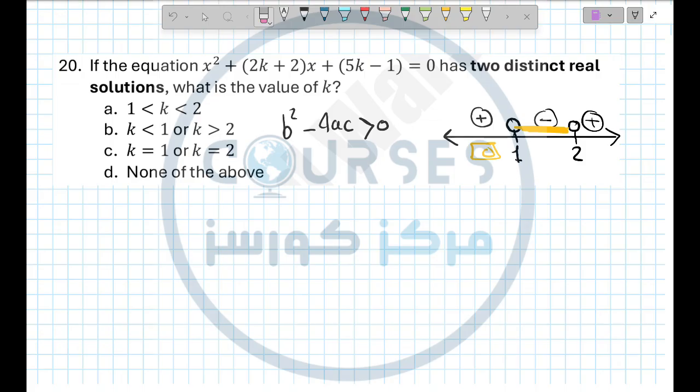In this case, it's the same problem, by the way, but I'm just asking for something different. So in this case, it will be greater than 0, meaning we want the positive. So it will be this part and this part. These will be the answers: k is less than 1 or k is greater than 2.